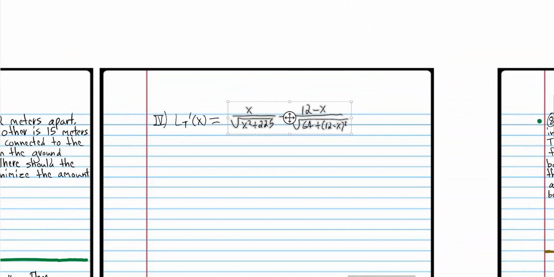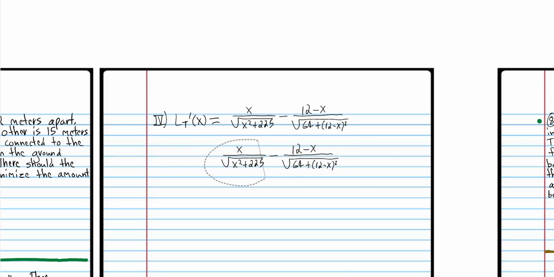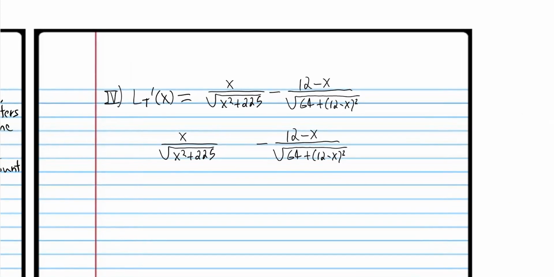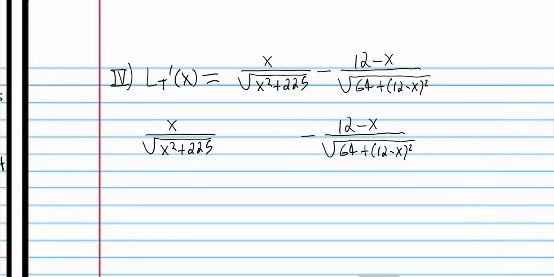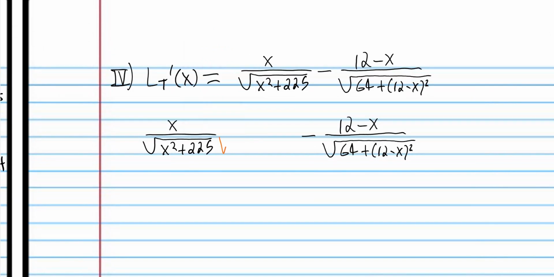We have to get a common denominator. And this is where things get kind of scary for students. It's just basic algebra, but it's very messy, so it seems very, very scary. So what I'm going to do to find a common denominator is I'm going to multiply both sides of this fraction by square root 64 plus 12 minus x squared.